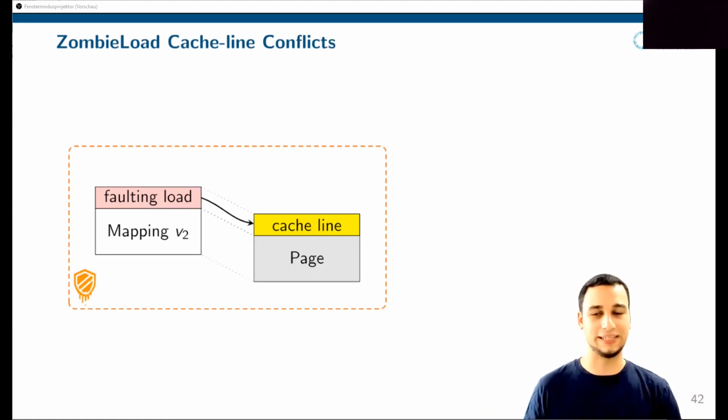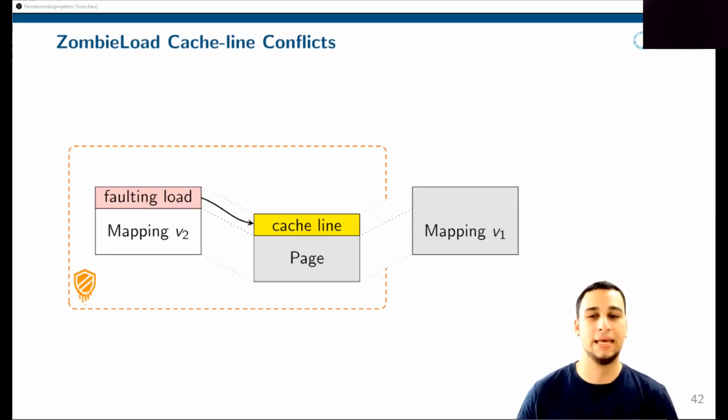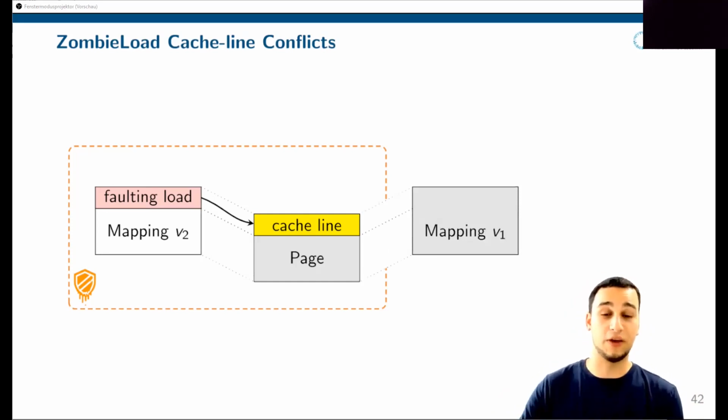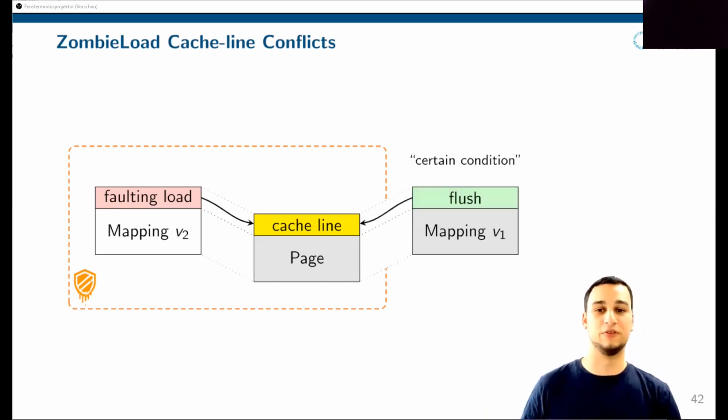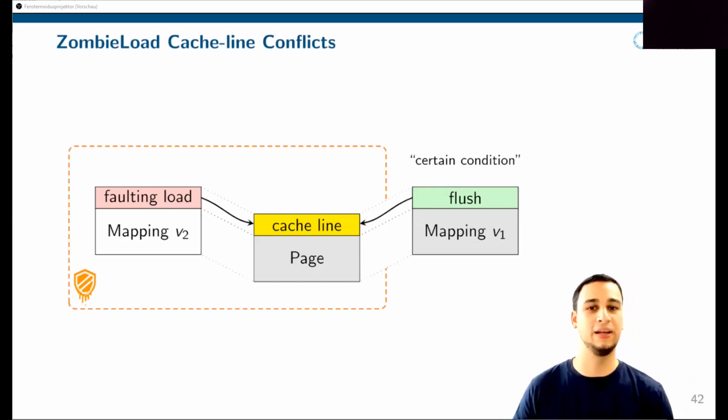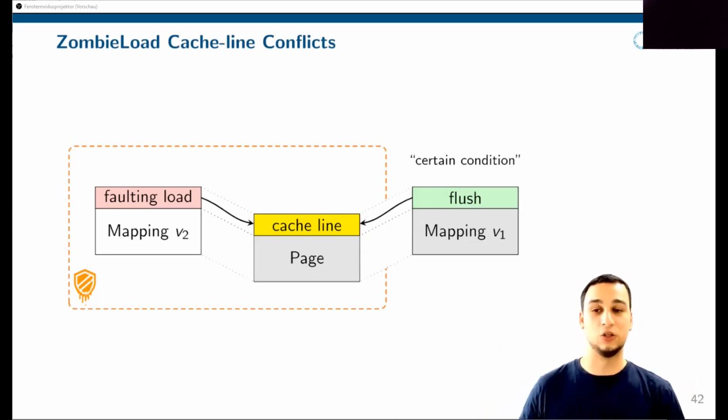But we're not interested in Meltdown now. We're talking about ZombieLoad. So we have one page and a faulting load to that page. So it must be, for example, a kernel page. And then for ZombieLoad, we have a different virtual address mapping to the same physical page, and now one that we can also access that does not fault. Now we have this certain condition, and this is basically flushing the cache line on this page while we access it using the different address that faults.